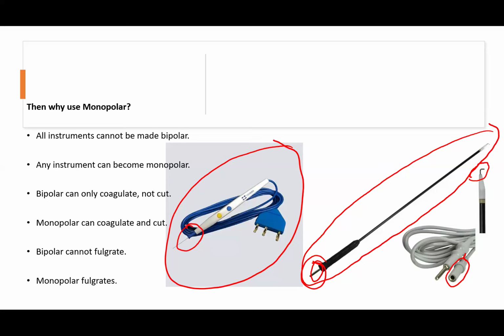Now, bipolar can only coagulate. Bipolar does not cut. When they trap tissues in between, they only coagulate. You see, this L hook is used for coagulation and it is used for cutting of tissue. Monopolar can coagulate and cut. Bipolar cannot fulgurate, while monopolar can fulgurate.